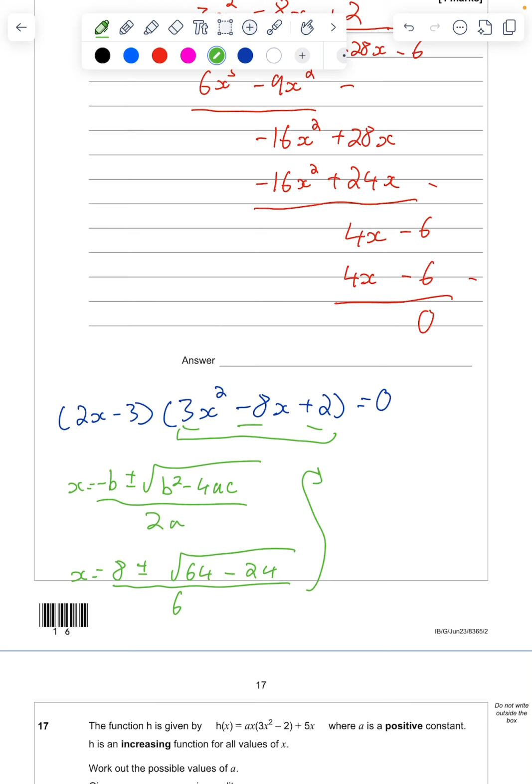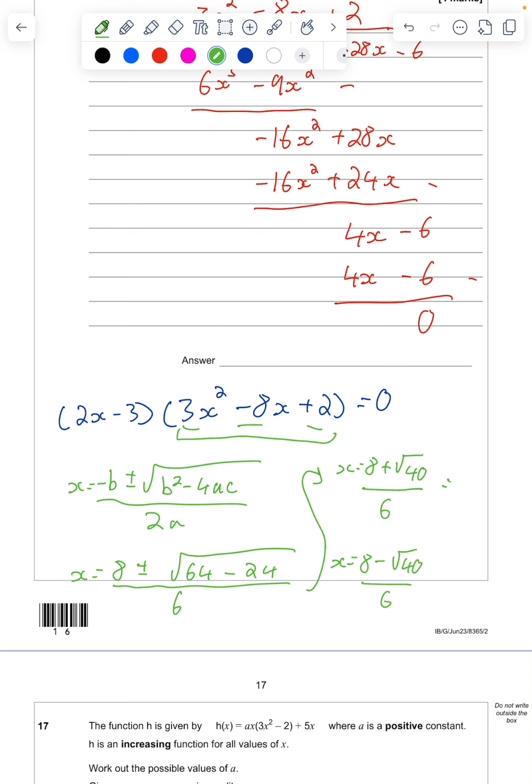So therefore, x will be equal to 8 plus root 64 minus 24 is root 40 over 6 is one solution, and x will be equal to 8 minus root 40 over 6.